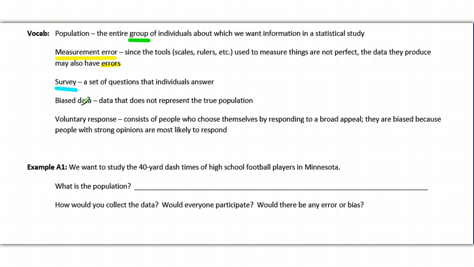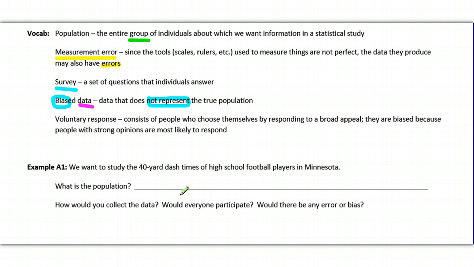Biased data. Well, data is just information. Bias is when that information is not necessarily representing everyone. So when we're talking about bias, we're saying that it does not represent the population we're talking about.